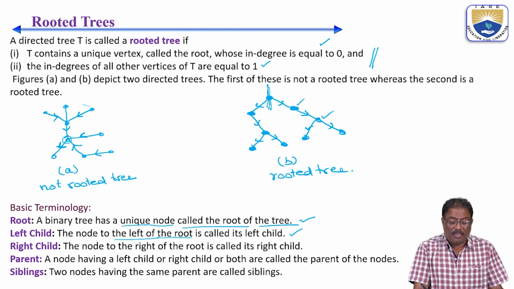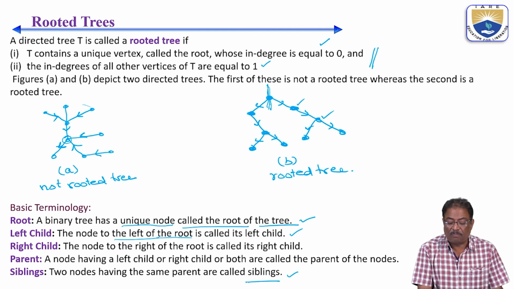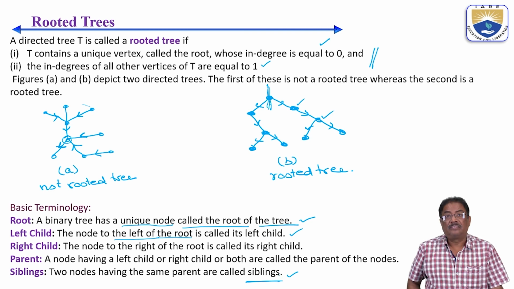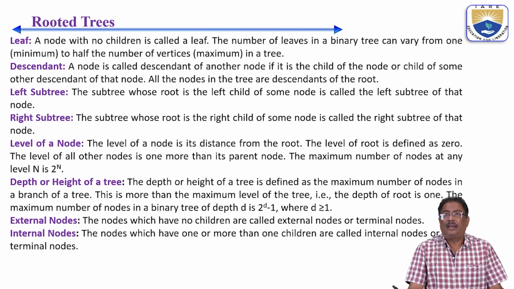Now, siblings: two nodes having the same parent are called siblings. And what is a leaf? A node which has no children is called a leaf. The number of leaves in a binary tree can vary from 1 to half of the number of vertices in a tree.